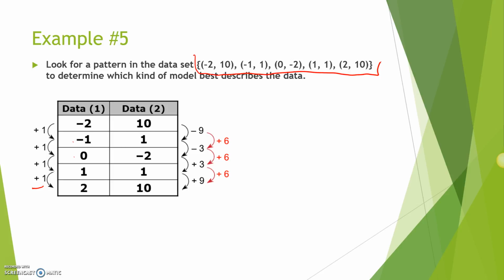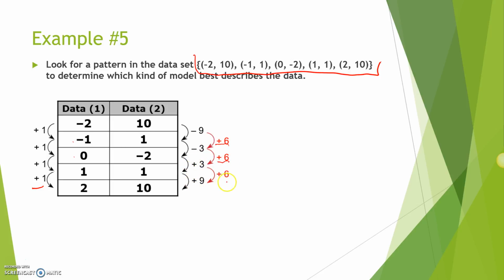So from 10 to 1, that's -9. 1 to -2, that's -3. -2 to 1, that's +3. And 1 to 10 is +9. So there's not a constant within the first difference, but then we can look at our second difference to see if there is a constant. So -9 to -3, that's a +6. -3 to +3 is a +6.